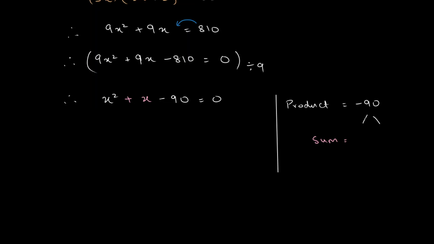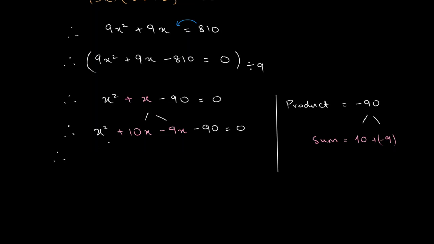Two numbers multiplied to give me negative 90, and when added give me plus 1, is 10 into minus 9. 10 into minus 9 is minus 90, and 10 plus minus 9 will give me plus 1. Those are my two numbers. So therefore, x squared plus 10x minus 9x minus 90 is equal to 0. That's how I'll split the middle term.